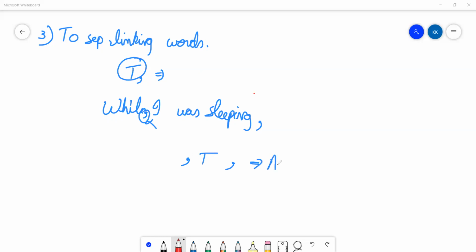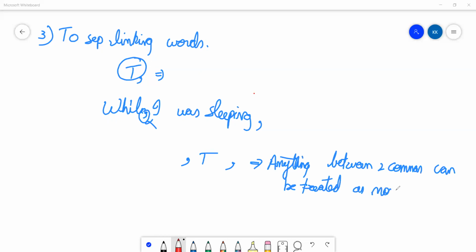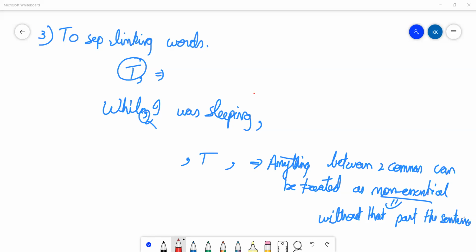So anything between two commas can be treated as non-essential. What does non-essential mean here? It simply means that without that part, the sentence still makes sense.